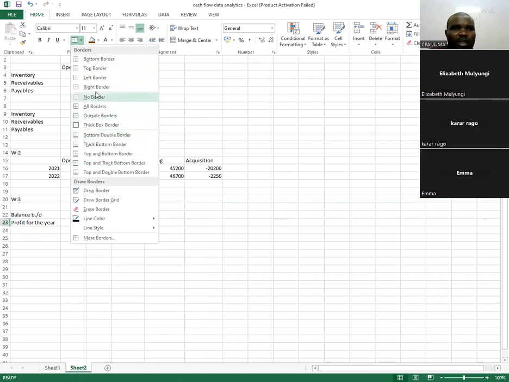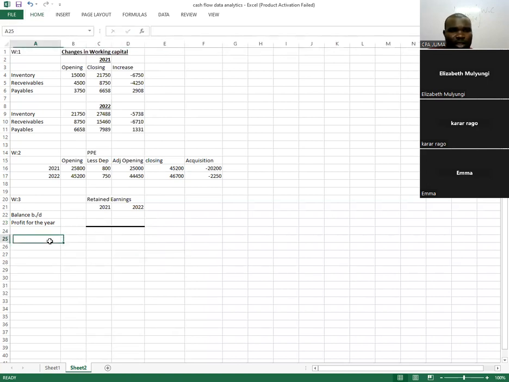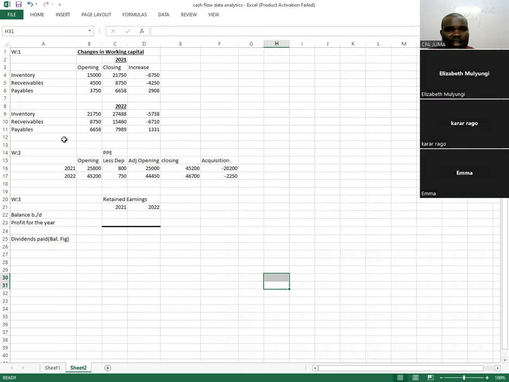What is the single bottom line? This one here. You'll get what is supposed to be. Then your balancing figure is dividends paid. So dividends paid will be your BF, balancing figure. So dividends is the balancing figure in this case. That is after you compare with the balance carried down. So you compare it with the closing balance, then you are safe.